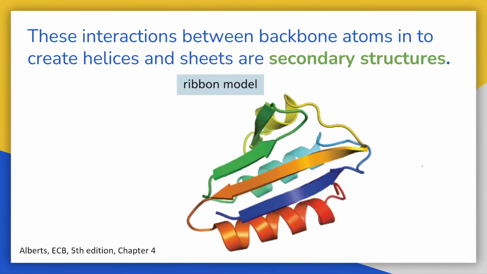So again, the secondary structure requires interactions between those backbone nitrogens and oxygens as a way of shielding and protecting hydrophilic atoms in hydrophobic spaces. And we often present this with a ribbon model where the helices are these kind of twisty ribbons, and the arrows represent the beta sheets.